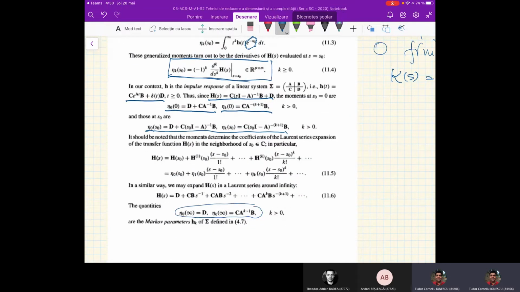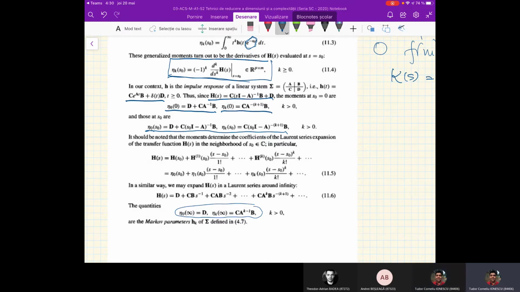We had this discussion: moments at 0 give you the Padé approximation; moments at any finite point S0 complex are called rational interpolation. And if S0 is infinity, then you get the realization problem and the Markov parameters.